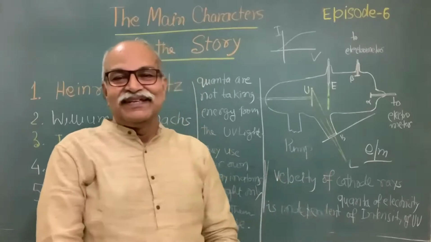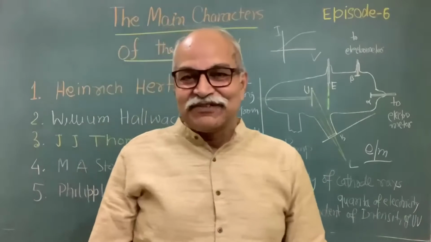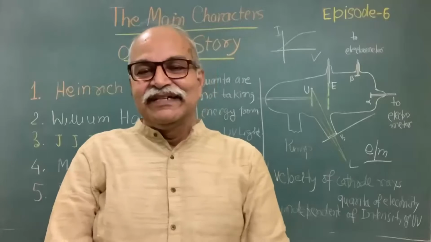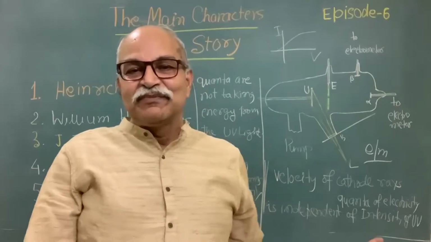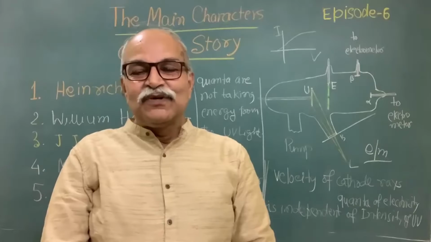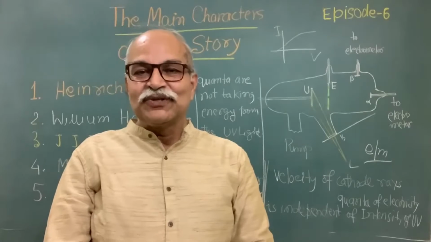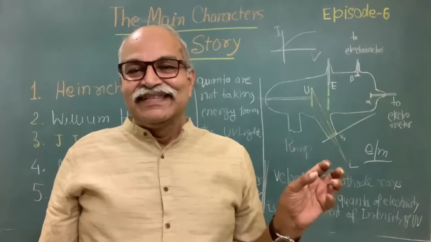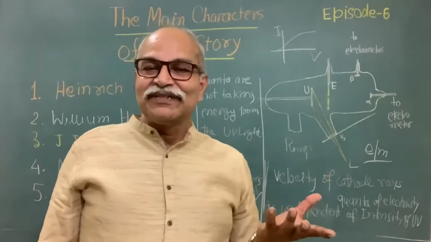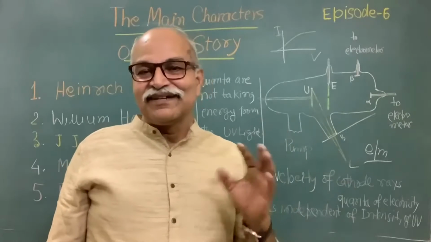Now I should mention that in 1900, in that period when these experiments were done, Lenard was almost sure that these are not normal particles. He thought that it was something like ultraviolet radiation.